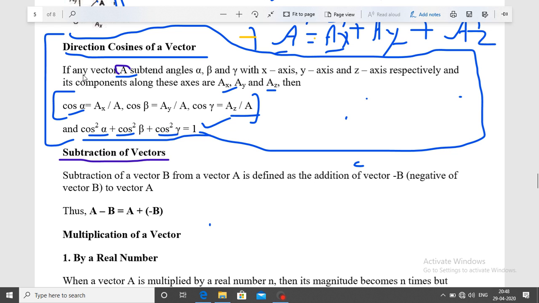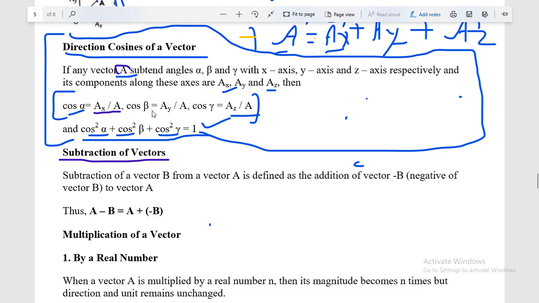You can see here, if any vector A subtends angles alpha, beta and gamma with the x-axis, y-axis and z-axis respectively, and its components along the x-axis, y-axis and z-axis are ax, ay and az, then cos alpha is given by ax upon a, cos beta is given by ay upon a, and cos gamma is given by az upon a.